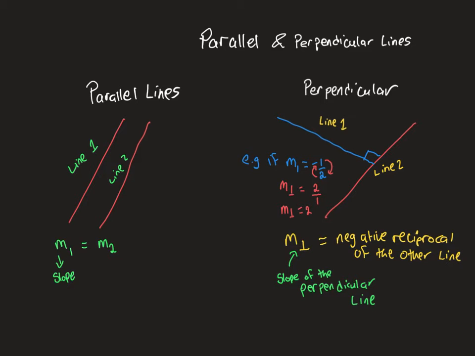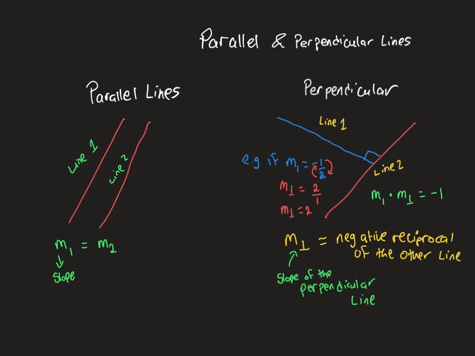Now, there's another neat trick, another neat thing that we call an identity. If I take my first slope and multiply it by my perpendicular slope, and this is a little way for you to figure out whether you're correct or not, they should give you -1.